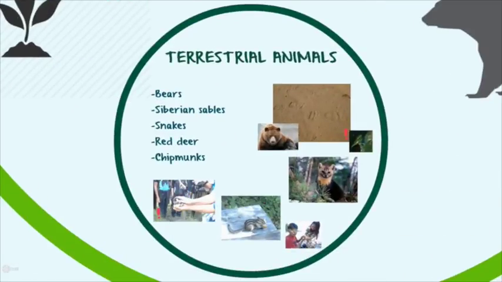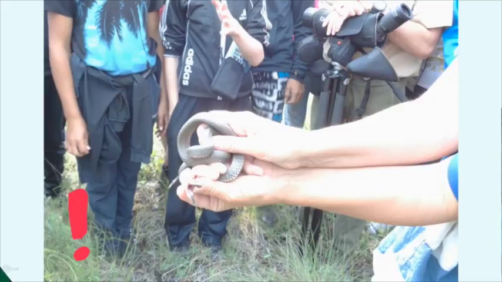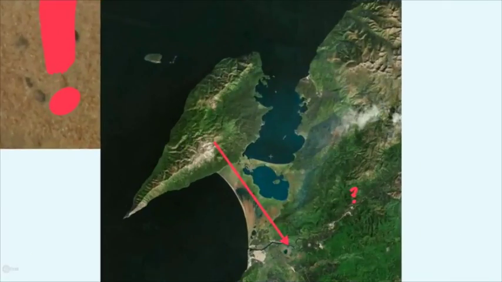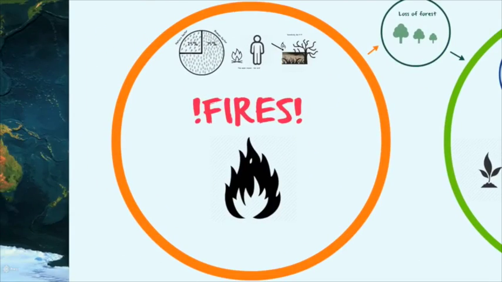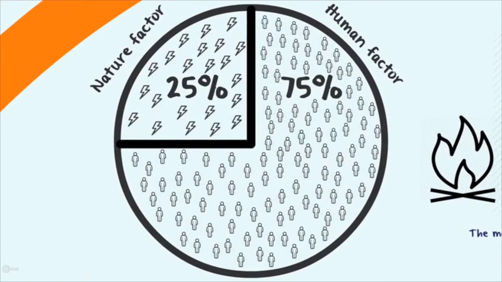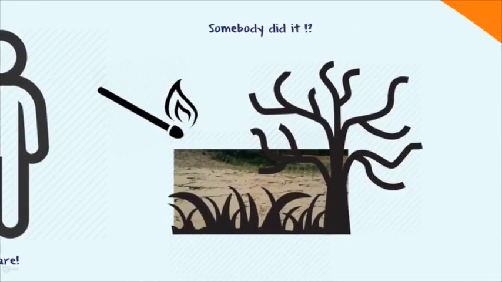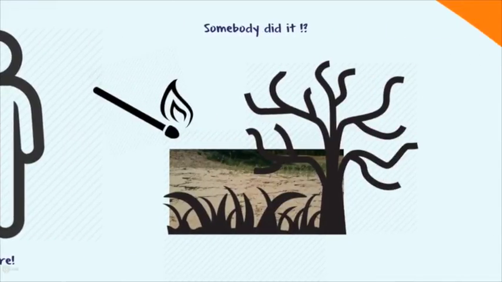With an expert in biology, we found out the population of snakes decreased. Then we came across traces of a bear, so it gave us hope that they were still living here or they were running from the fires on the peninsula. Why do fires occur? The majority of fires occur because of humans. People's careless use of fire is the main reason, because the dry grass and wood don't set fire to themselves.